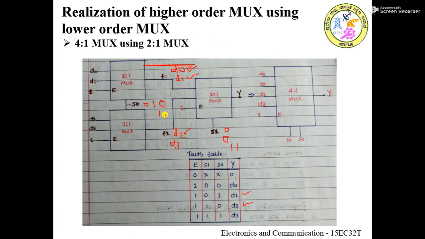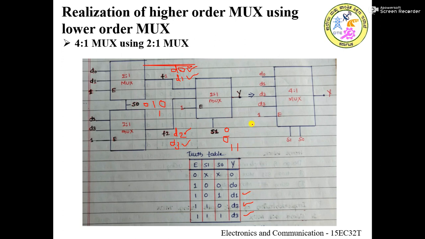With the same select line 1, the second data line, that is D3, is selected and routed here, and F2 will become D3. Since S1 is also 1, it will select the F2 content, which is nothing but D3, and D3 will appear on the output line Y. So I hope it is clear now.